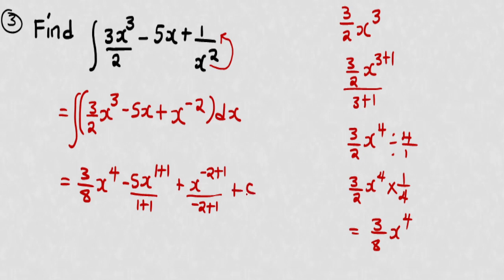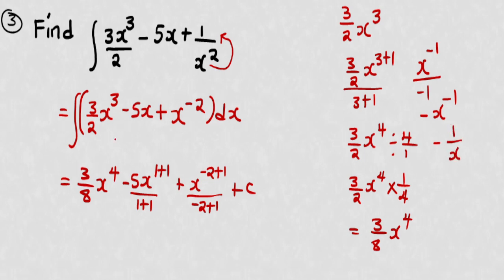Now let me simplify some things before I write the final answer. I want to simplify the last part here. The last part is x to the power negative 2 plus 1, which is negative 1, over negative 1. Because of this negative, we're going to have a negative x to the power negative 1. And like I said, I don't want to have a negative power, so I'm going to say minus 1 over x.